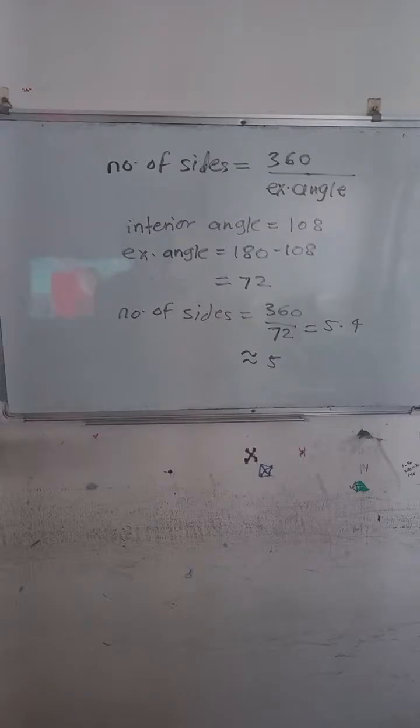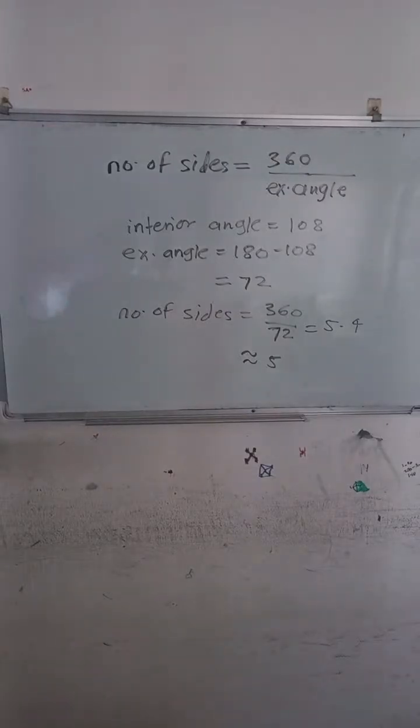Okay, everyone copied. Now next one, write down. Find the number of diagonals of a polygon with 9 sides.